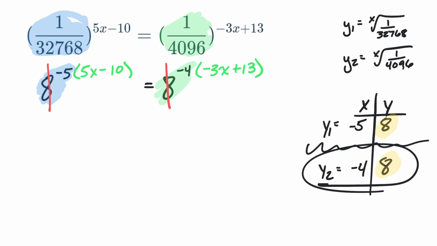Now, if you had a lower number that matched, you could use it, but you're going to be distributing a larger number. I mean, it's not a real big deal, but it's just a little more effort than you would have to use if you chose the higher base. So now I've gotten rid of those bases, and I'm back to a nice little linear equation.